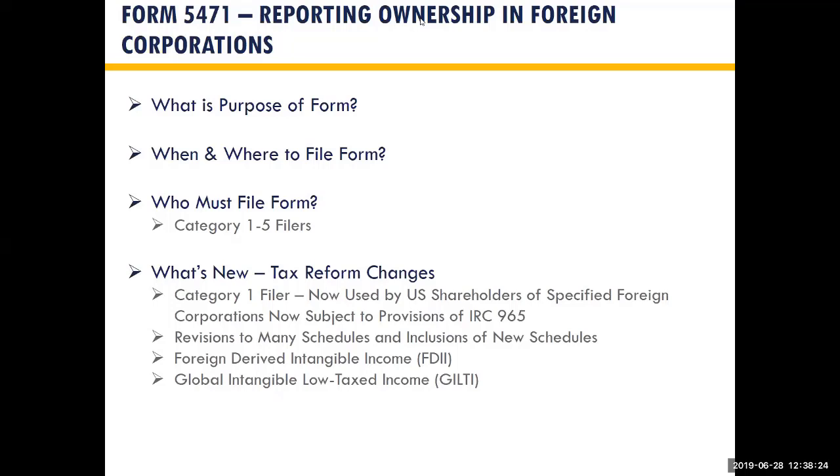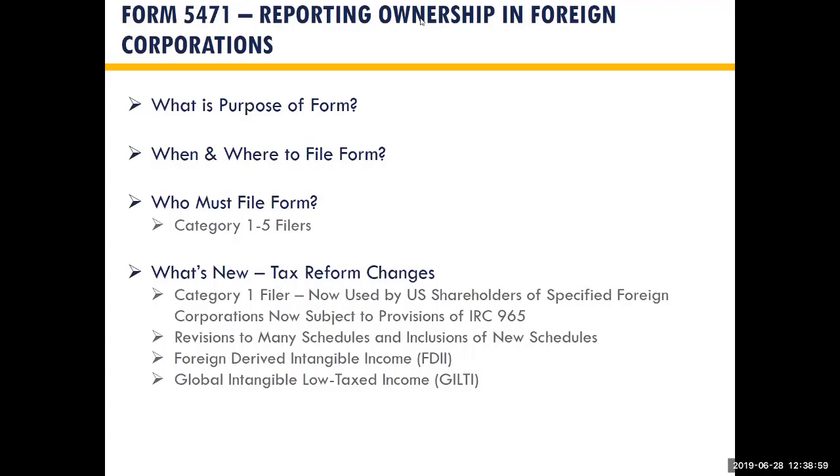Categories 2, 3, 4, and 5 have been around a lot longer. Category 2 is if you're a U.S. person that's an officer or director of a foreign corporation in which any other U.S. shareholder has acquired stock which meets the 10% ownership or 10% voting within the company.